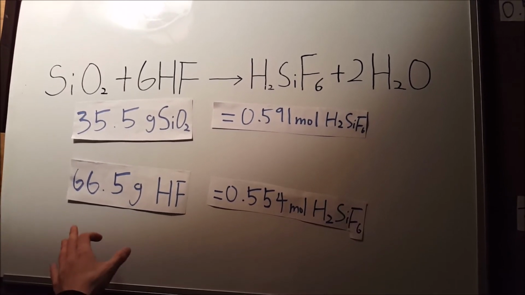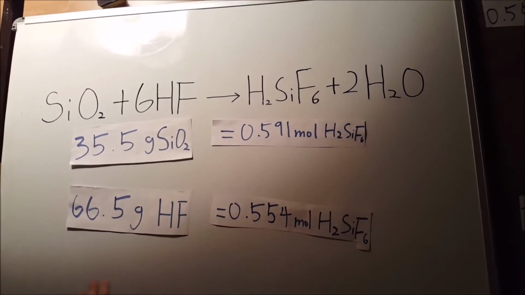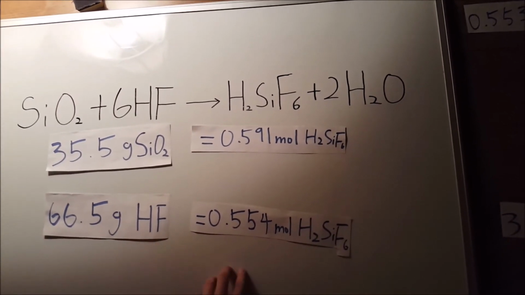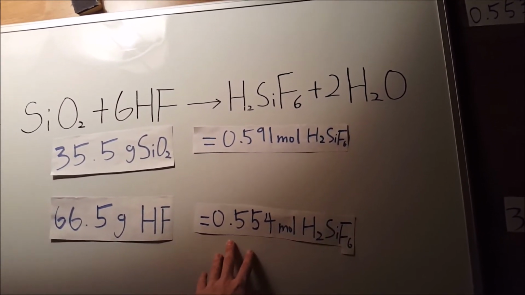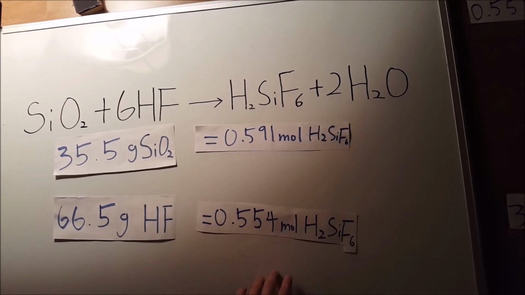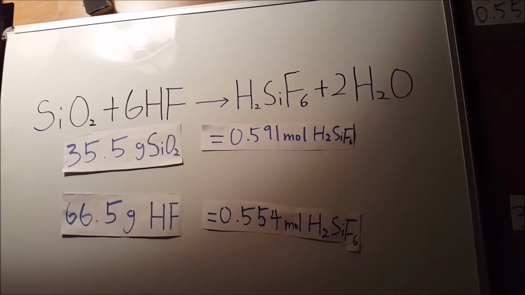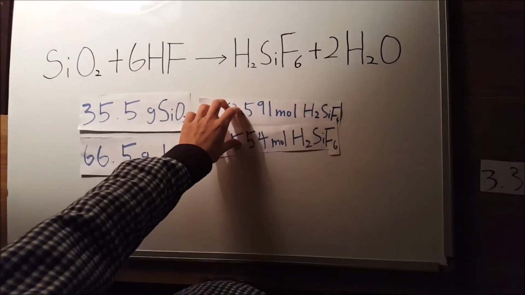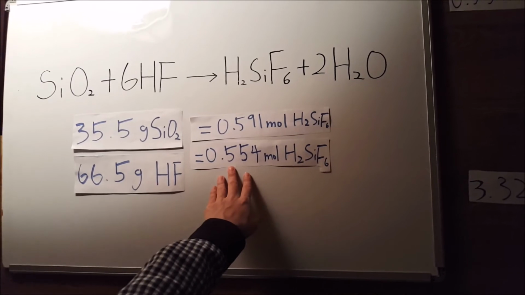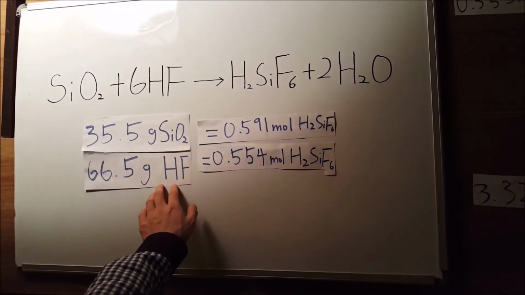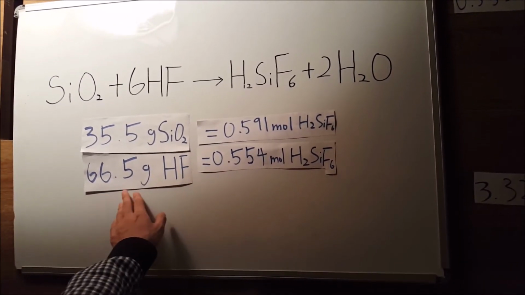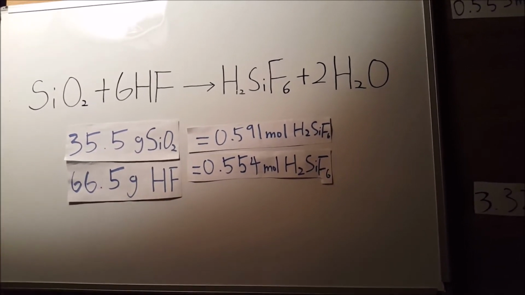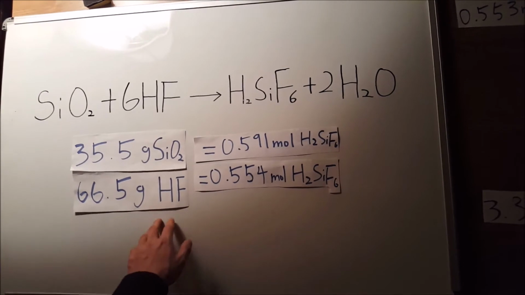And if we use 66.5 grams of hydrogen fluoride, we will create 0.554 mole of hexafluorosilicic acid. If we compare these two numbers, clearly this number is smaller, and this mole is created by 66.5 grams of hydrogen fluoride. And so we can determine that the limiting reagent is hydrogen fluoride.